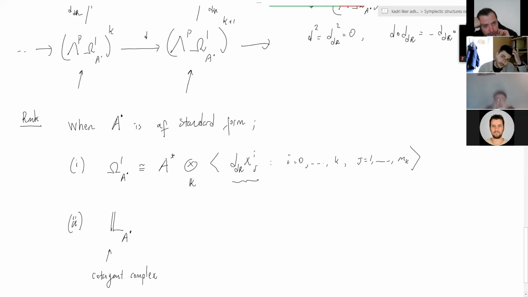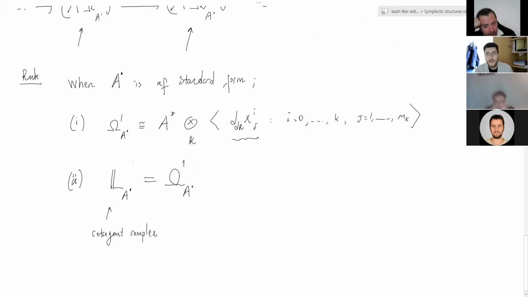So in general, the cotangent complex and the module of Kähler differentials are related, but not the same, because the module of Kähler differentials is not well behaved under localization by quasi-isomorphisms. Therefore, you need some cofibrant replacement or something like this. But here, if you have a standard form, they are the same. This is an important fact.